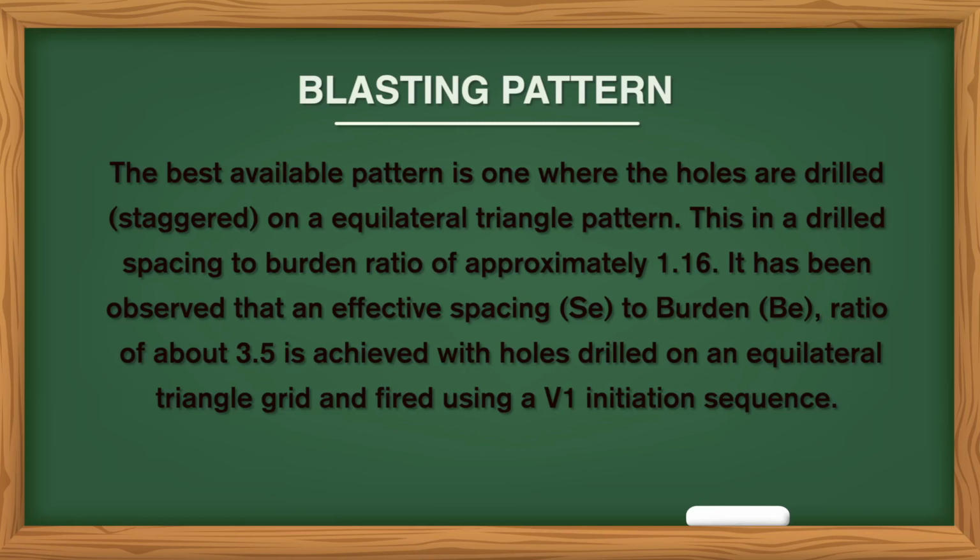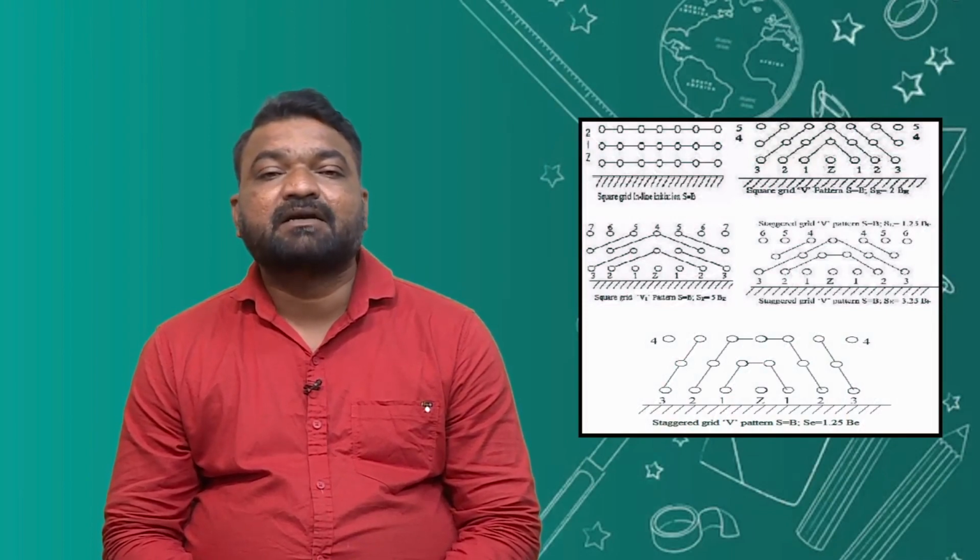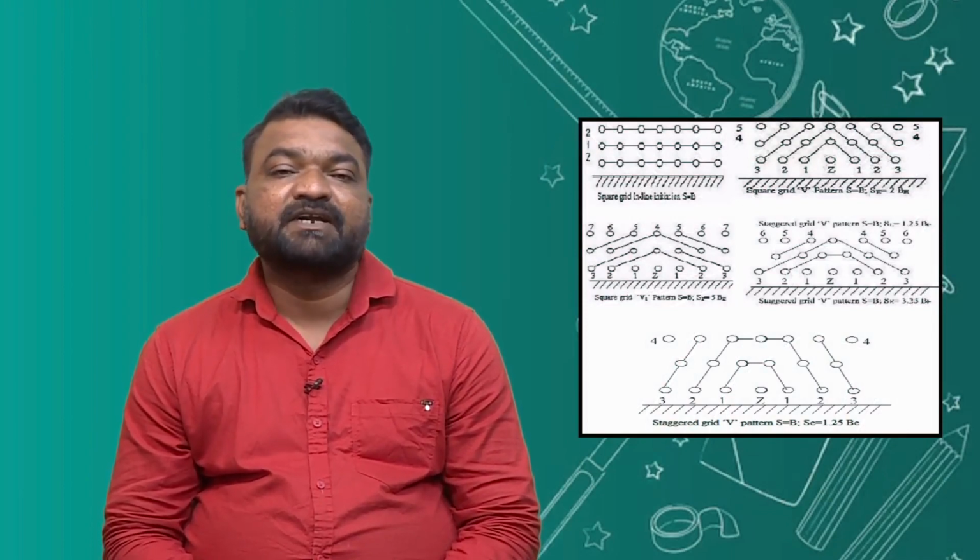It has been observed that an effective spacing to burden ratio of about 3.5 is achieved with holes drilled on an equilateral triangle grid and fired using a V1 initiation sequence. Look at the figure showing the pattern of V type.